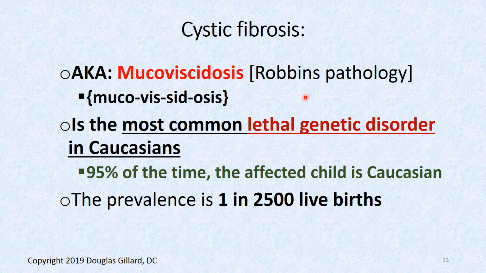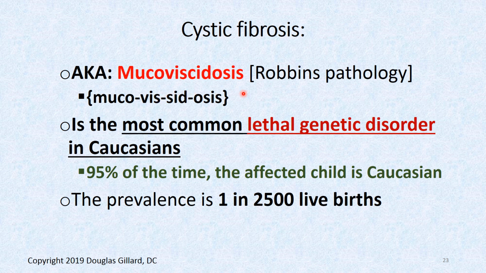Watch out for this weird AKA. Robbins calls it mucoviscidosis. I'd never heard that word in my life until I read Robbins. But Robbins is a board book, so you better know that. Hopefully they'll just call it cystic fibrosis, but you never know what's on boards.